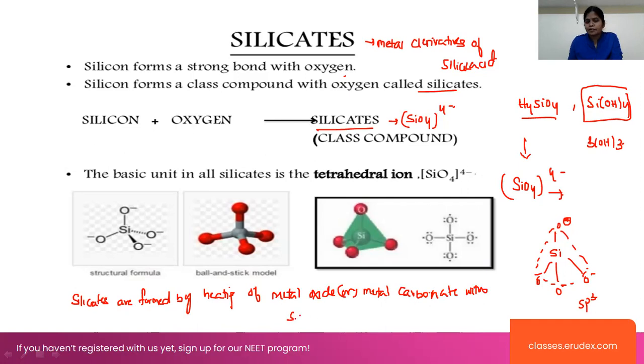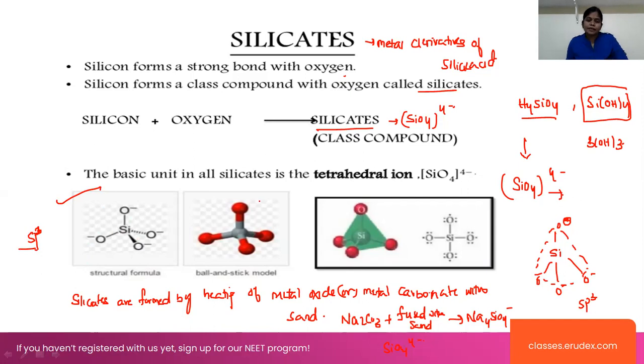Sand means SiO2. So Na2CO3 fused with sand will give you the Na4SiO4 unit. Now the basic unit of this structure is SiO4 4 minus. This is the basic unit of the silicate structure, and it possesses sp3 hybridization and a tetrahedral structure.